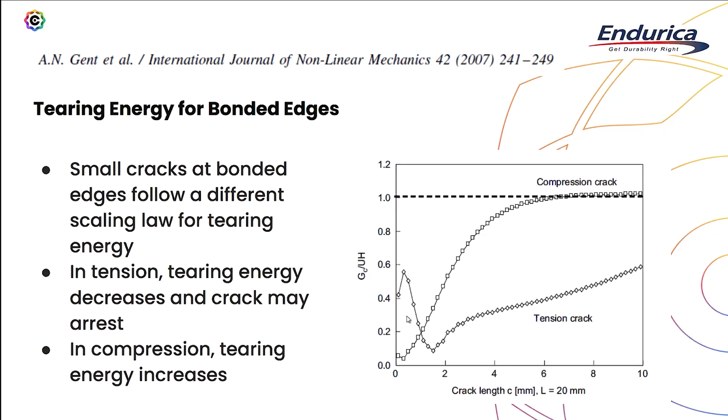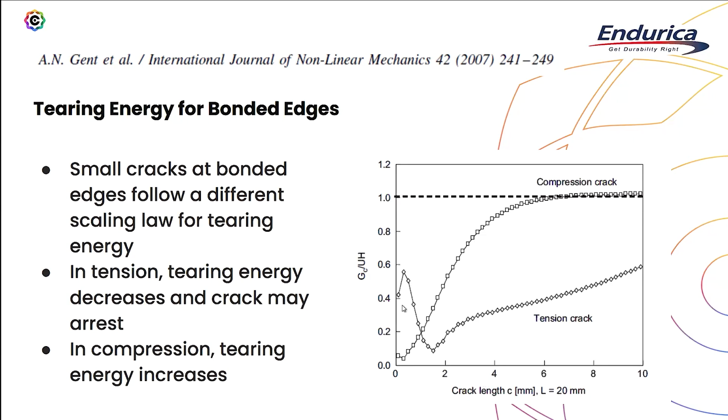So if you're shearing it and you have that singularity, on one side of the bushing there's going to be tension at that bonded edge. This is a plot from a paper by Gent and co-authors where they plotted the tearing energy on the crack as a function of the size of the crack.